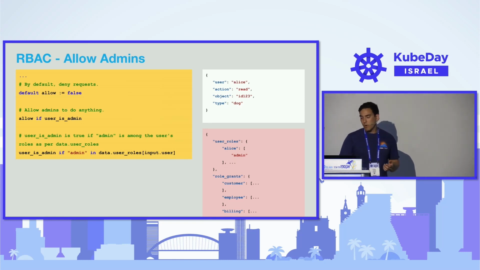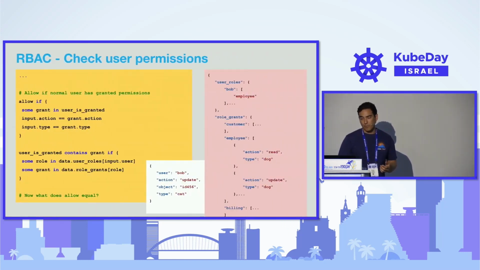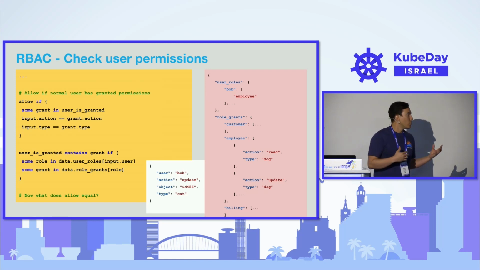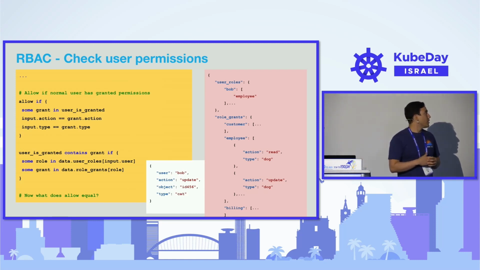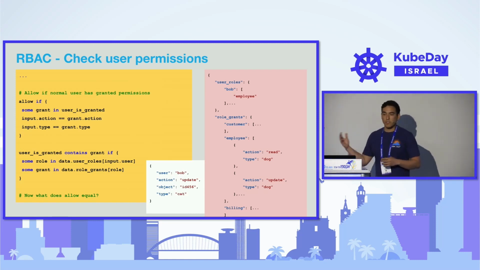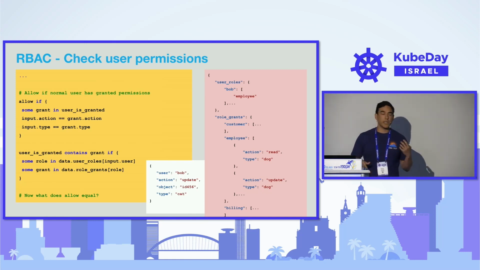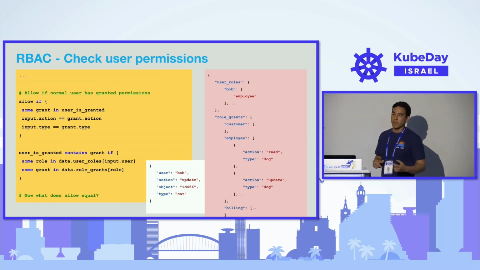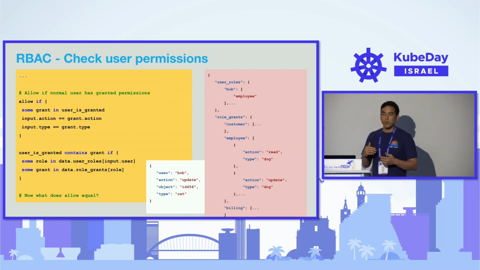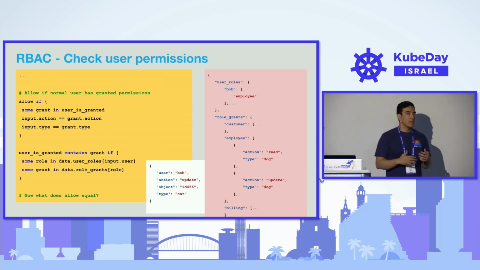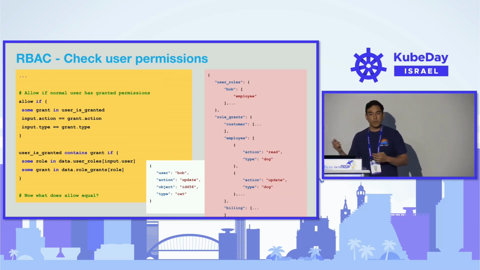But what if Alice isn't an admin? Now we end up having to be a little bit more granular around what this rule is going to do. So now we're breaking this down a little bit further, and we're actually checking for these specific grants that are tied to this user. Remember, all of the information coming in is JSON, so we're able to navigate this JSON tree just by using dot notation.